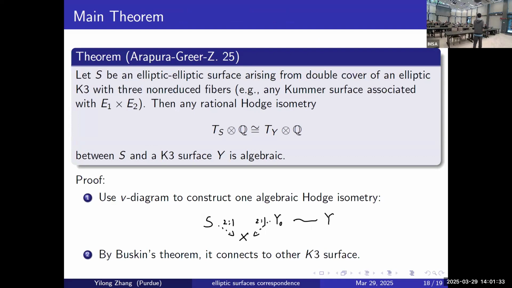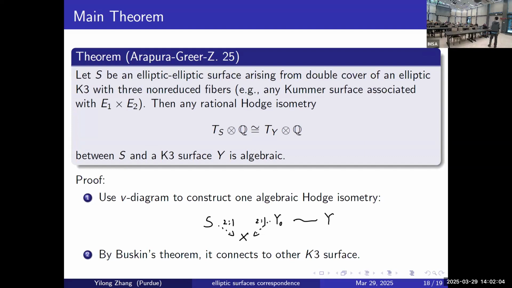So what we proved is that if you start from an elliptic surface arising from this double cover of a K3 surface with three non-linear fibers, and then you can solve this correspondence problem, then any rational Hodge isometry to the other side, the K3 surface, is algebraic.